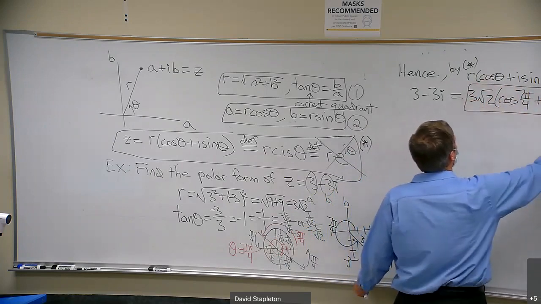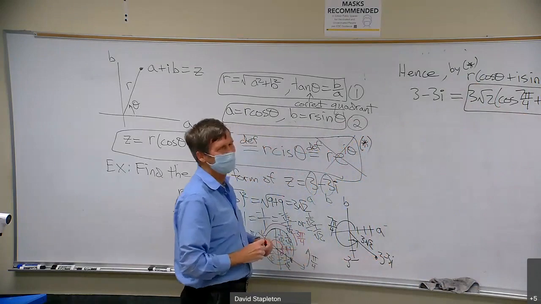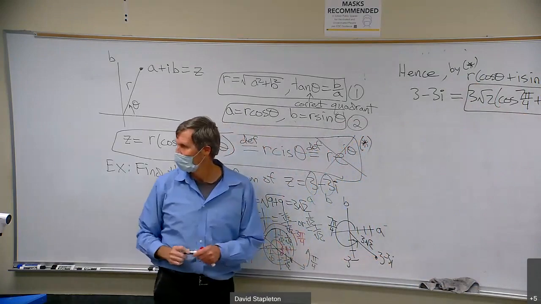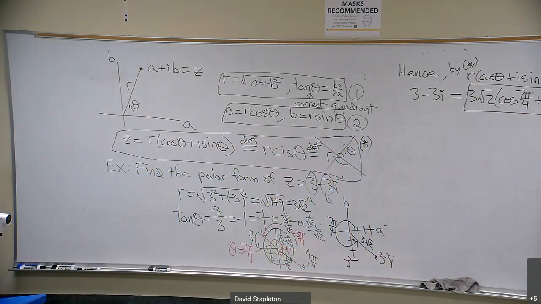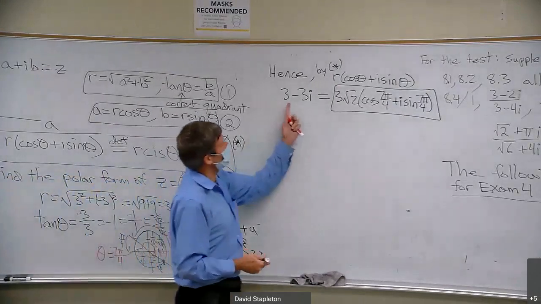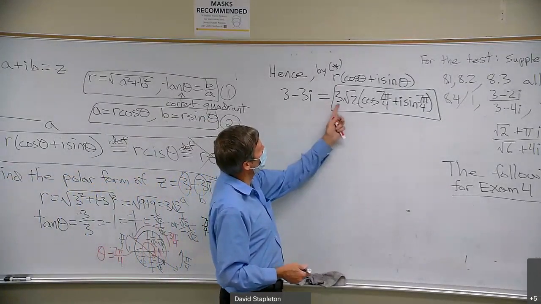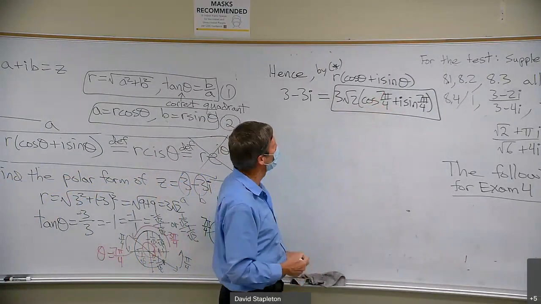There's its polar form. How about that? So the number 3 minus 3i can also be written as 3 square root 2 times cosine 7 pi over 4 plus i sine 7 pi over 4.